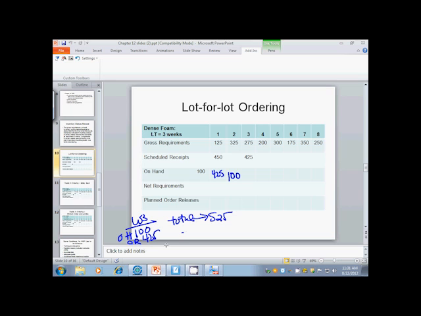I want to subtract out my gross requirements. For week 3, I plan on using 275. That gives me 250 units left over. And again, that's going to go in my on hand.